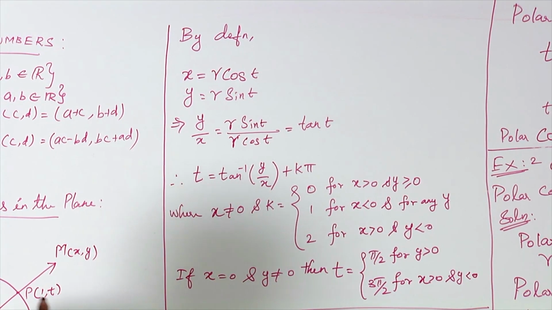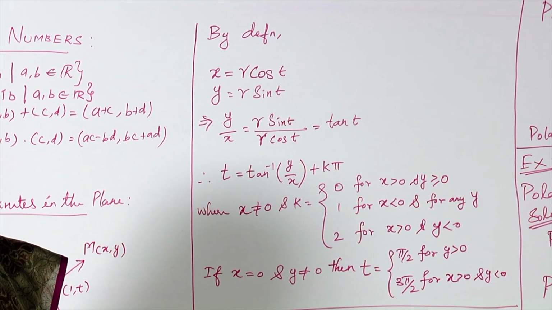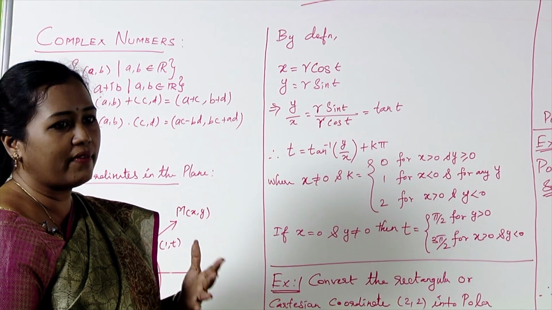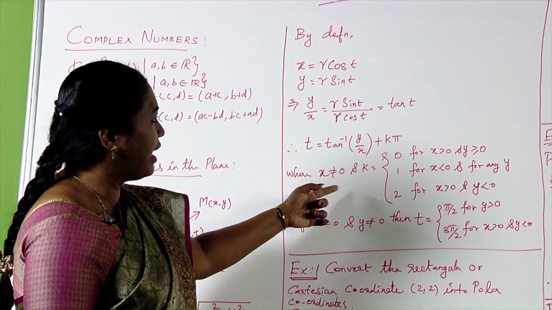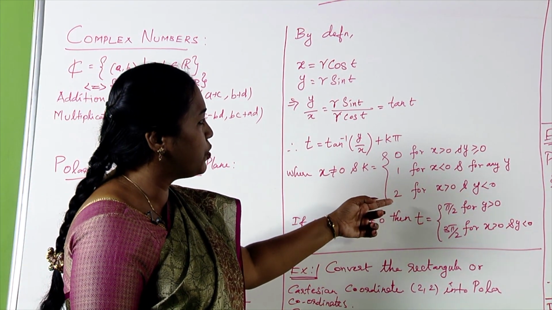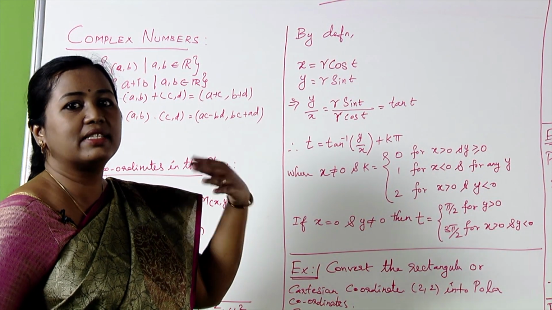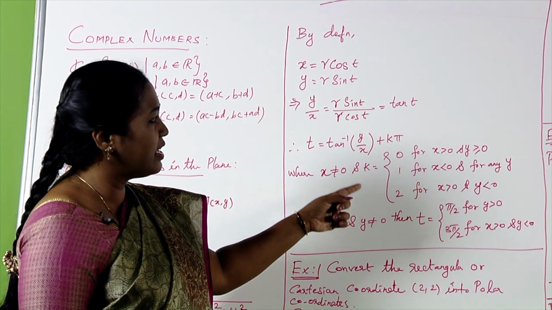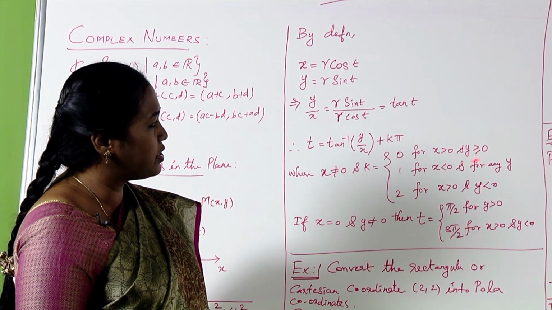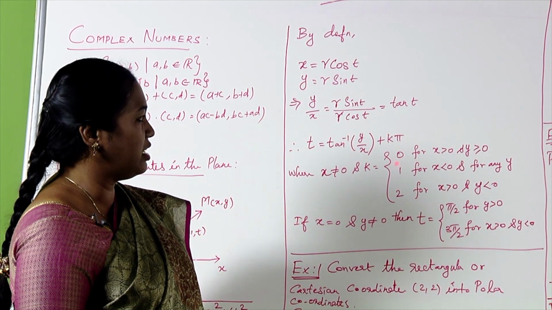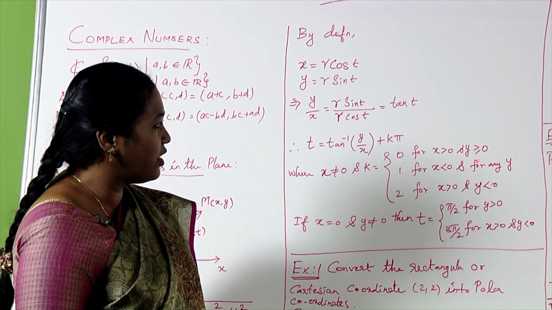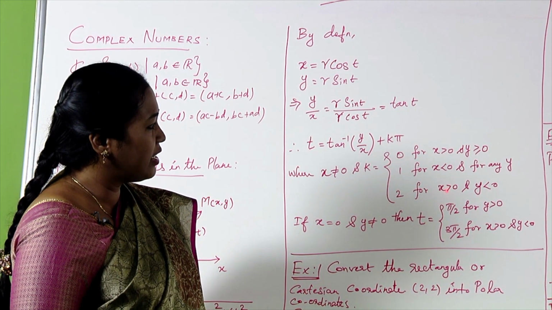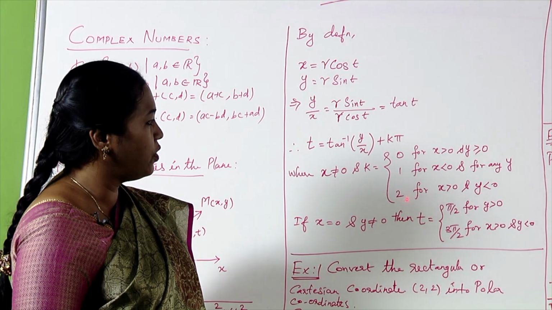Now, we know that the angles can change with regard to the position of x and y. Hence, if x is non-zero, then k can be 0, 1 or 2 depending on how x is represented. If x is greater than 0 and y is greater than or equal to 0, then k is 0. If x is less than 0 and for any y, k is 1, and when x is greater than 0 and y is less than 0, k is 2.